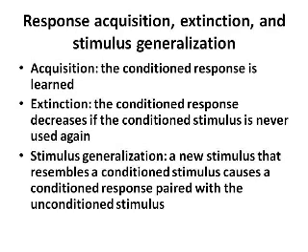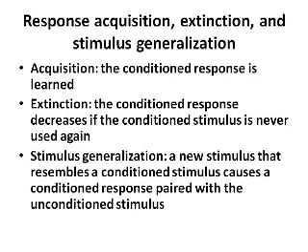So extinction is when the conditioned response decreases if the conditioned stimulus is never used again. So let's say that you have the dogs and you give them food and you ring the bell many times and you condition the dog to salivate every time the dog hears the bell. Now, if you stop making that association for some given time between the food and the bell, well, eventually the salivating response to the bell will become extinct.